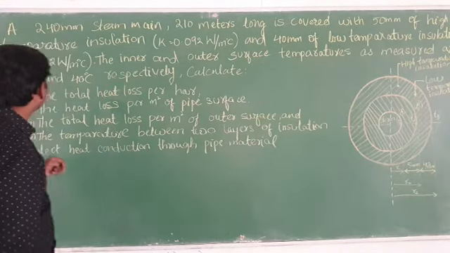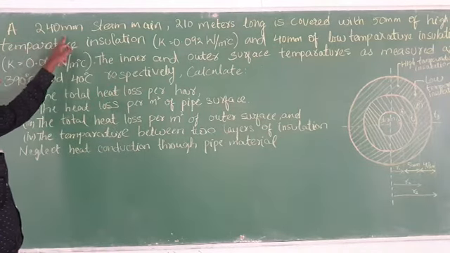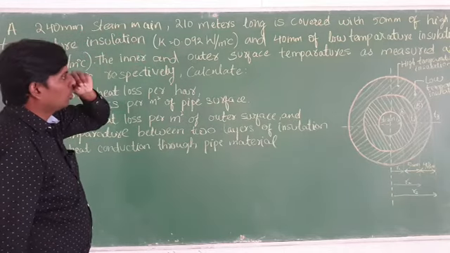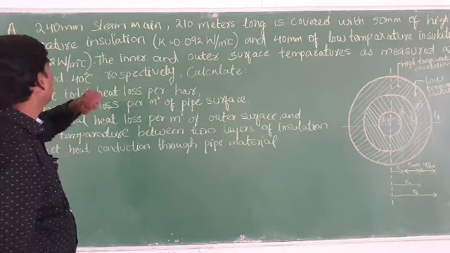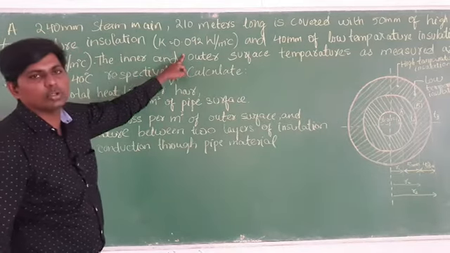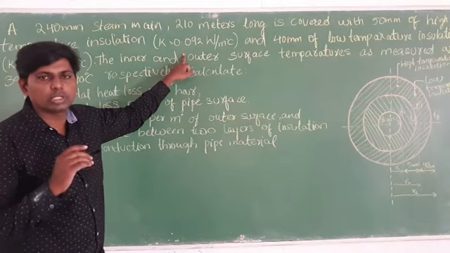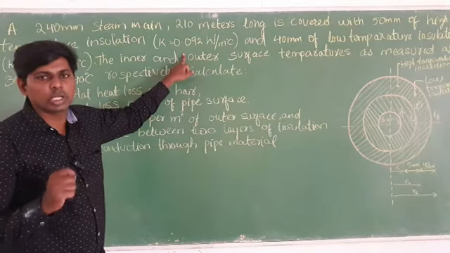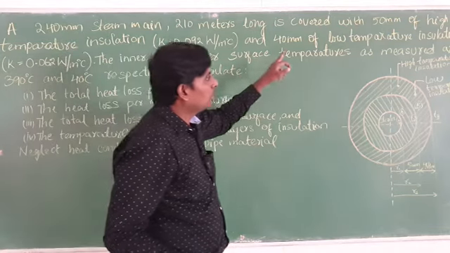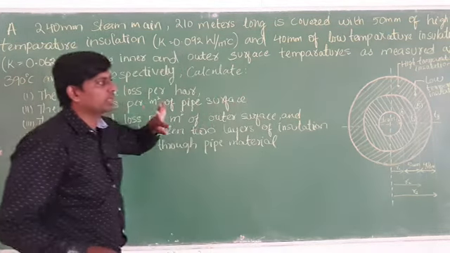Here, a 240 mm steam main, 210 meters long, is covered with 50 mm of high temperature insulator. For that insulator, the K value is given. If the K value is not given, it will be available in your data book. Here the K value is given, and a 40 mm low temperature insulator, two insulators are given.